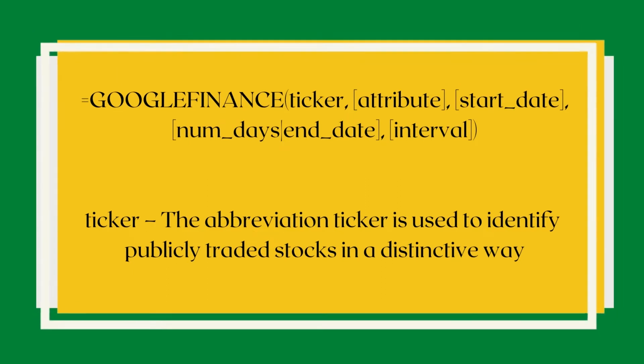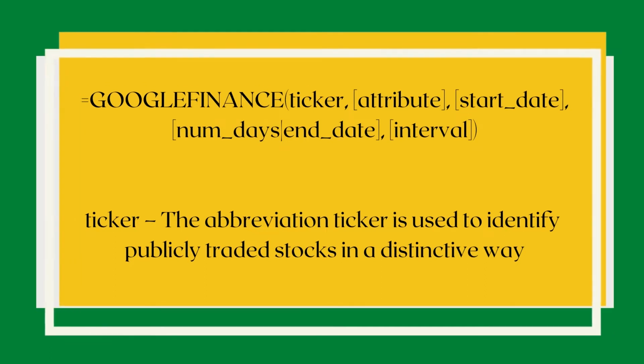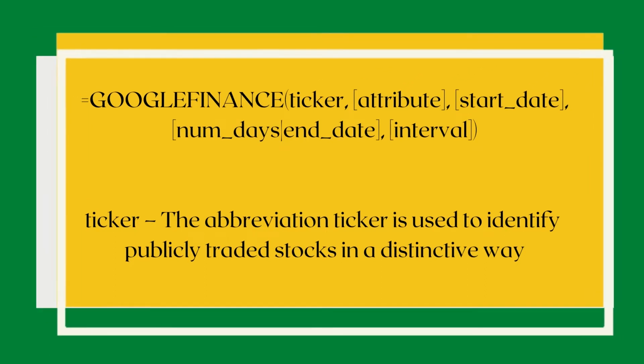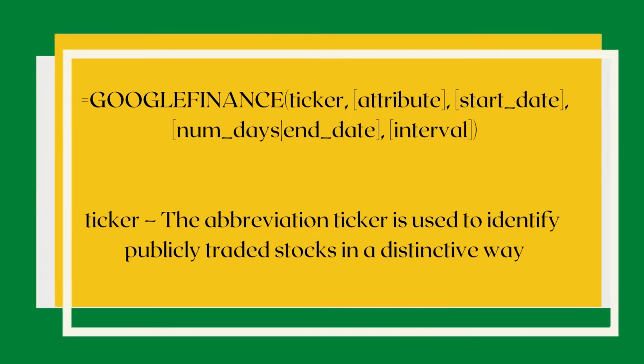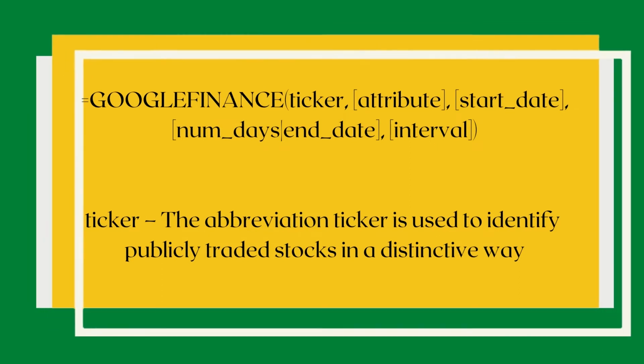It could be made up of letters, numbers, or a combination of the two. For example, Apple Inc. and Microsoft Corporation have the tickers AAPL and MSFT, respectively. The ticker will instruct the function on which stock to report on.